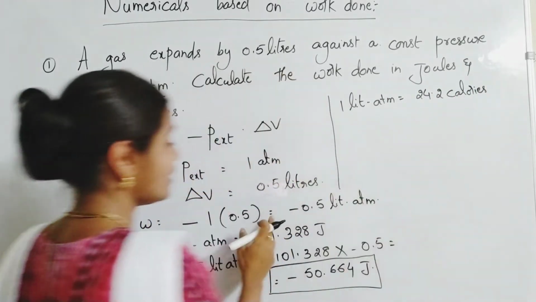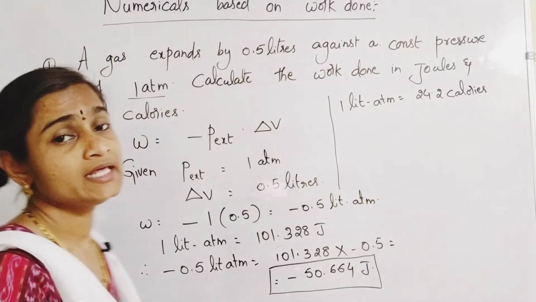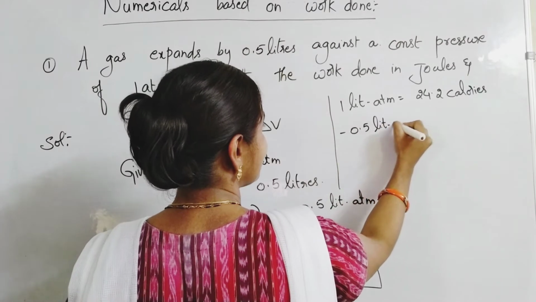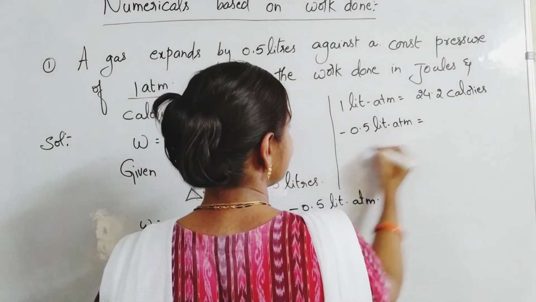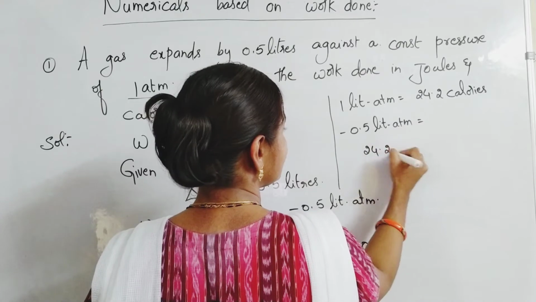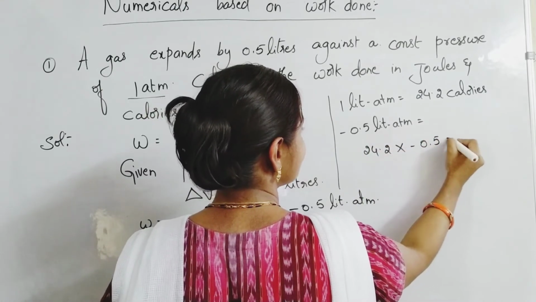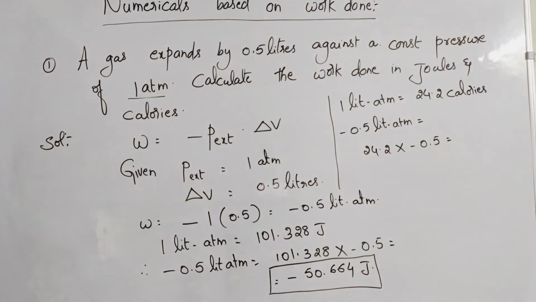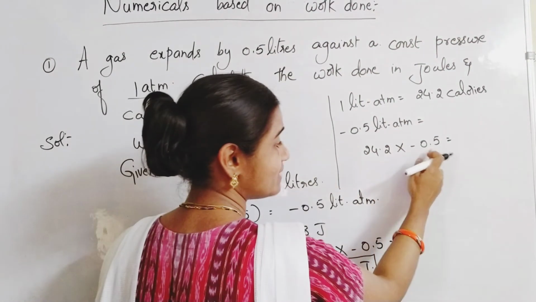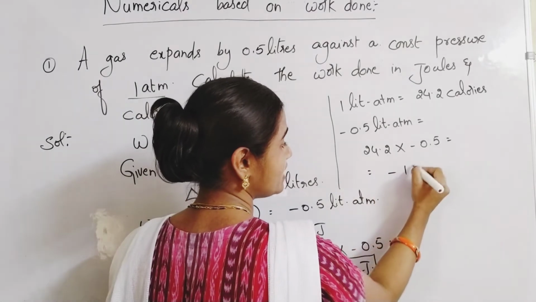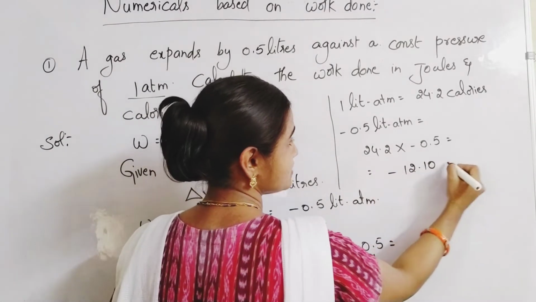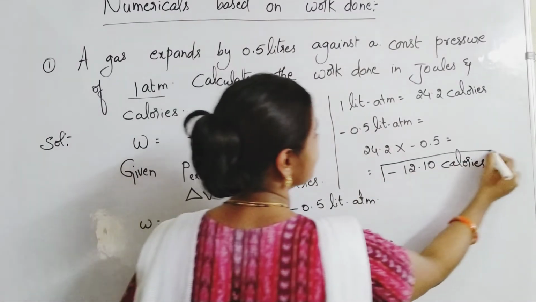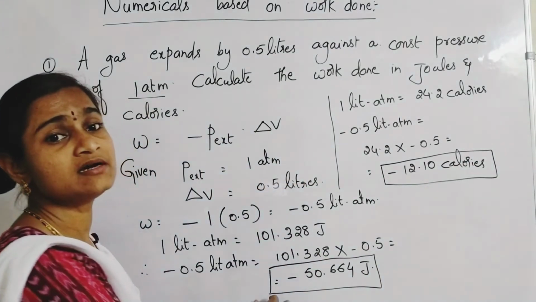Here minus 0.5 liter atmospheres is equal to 24.2 into minus 0.5, that is 24.2 by 2, since 0.5 means 1 by 2. So it is around minus 12.10 calories. So in calories this is the value, and in joules this is the value.